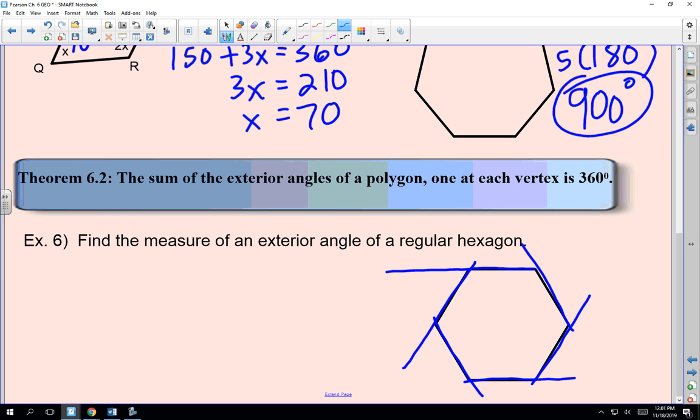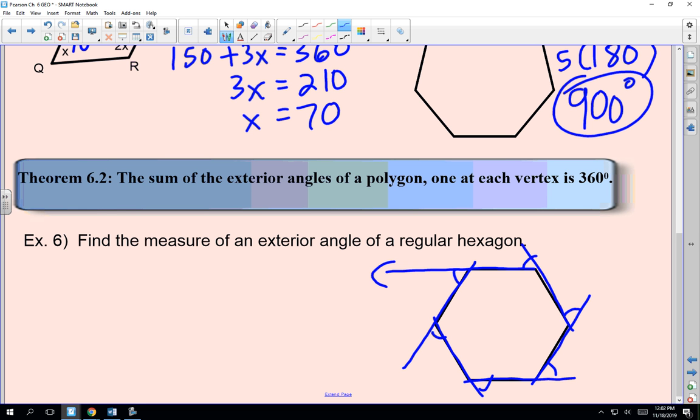If I'm standing right here, facing this direction first, I turn just a little bit through that angle right there, right? And then I turn a little bit more here, and here, and then here, and eventually I end up turning one full circle. It doesn't matter what shape I have here, I'm going to turn one full circle if I turn through the same number of degrees that each exterior angle represents. That's always the case. So the sum of all the exterior angles of a polygon is 360.